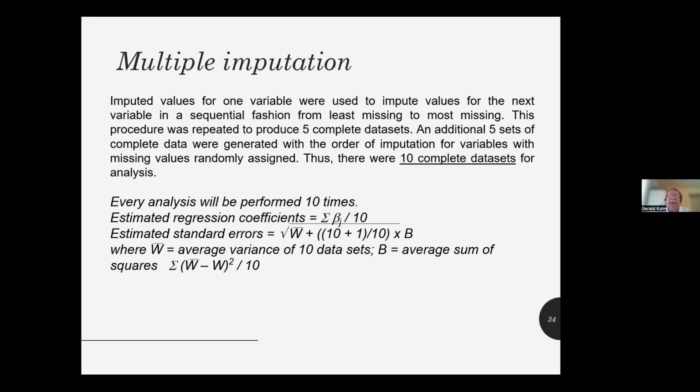So I ended up with 10 complete data sets. And then every analysis that we're going to do, we perform 10 times. And then we estimate the regression coefficients by just averaging those over the 10 data sets. But then I've put this in for estimating standard errors to show you that it includes both within variance for each data set and between variance, or variance between the data sets.